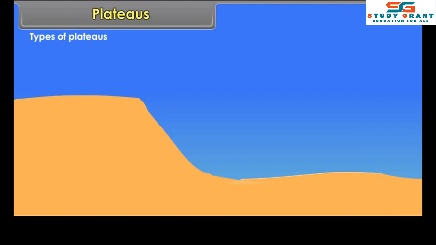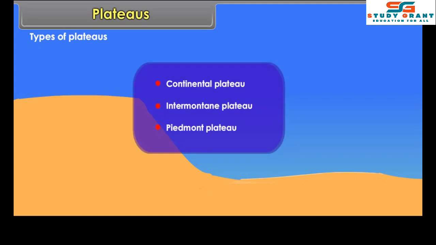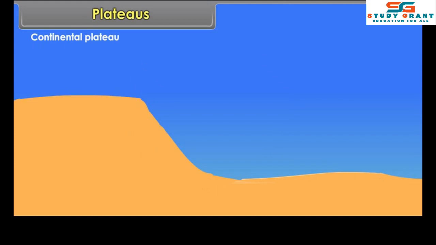Types of plateaus. On the basis of their geographical location and structure, the plateaus are of different types. They are Continental Plateau, Intermontane Plateau, Piedmont Plateau. Continental plateau.